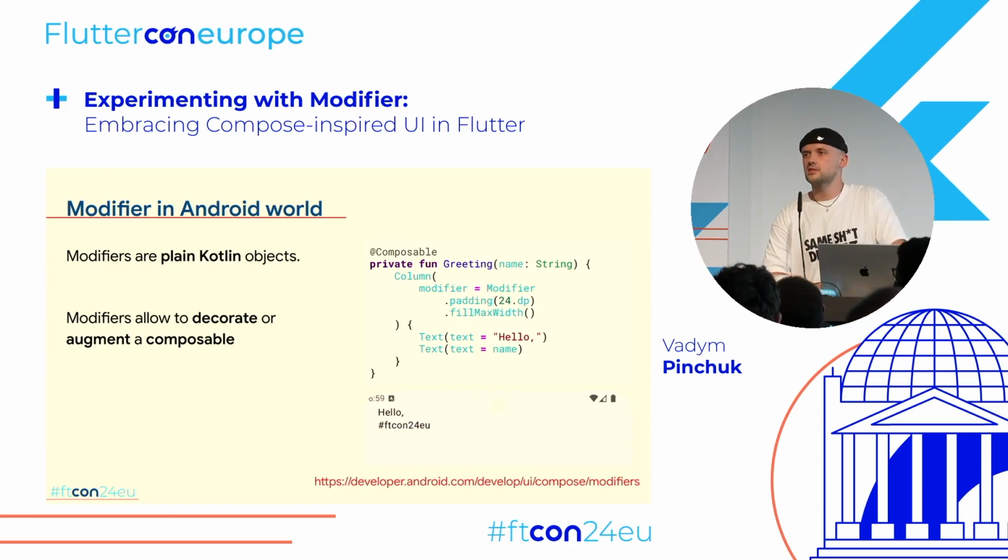On the right, you can see a simple example. It is a column, of course. It places two composables, two texts, vertically. And this column has a modifier. This modifier has padding, and it says that it should take the full width.